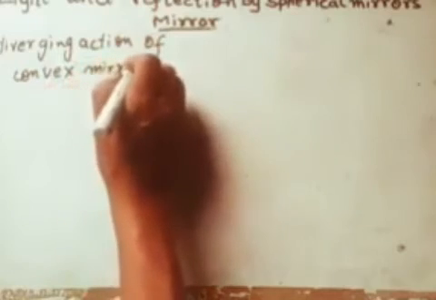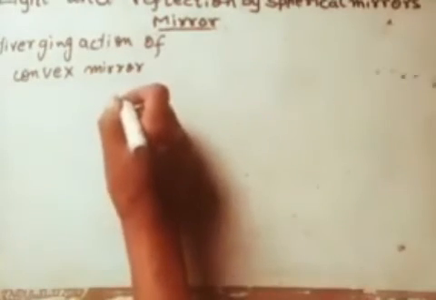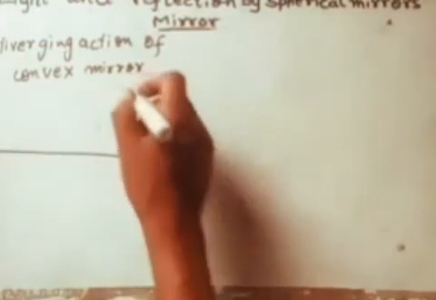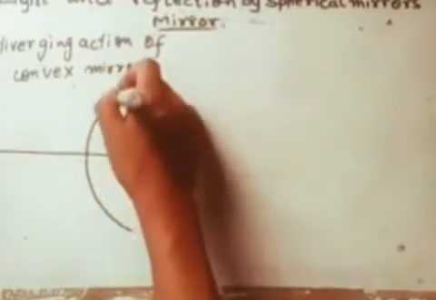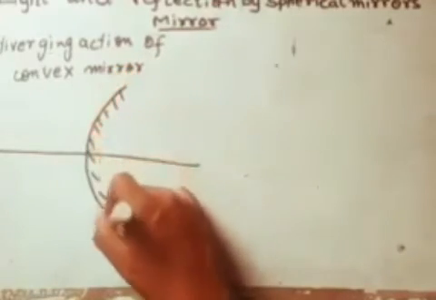Now, what is diverging action? We know that in the definition of focus for convex, we have used the word divert. Divert means spreading outward. So, first I will draw the principal axis and a convex mirror.